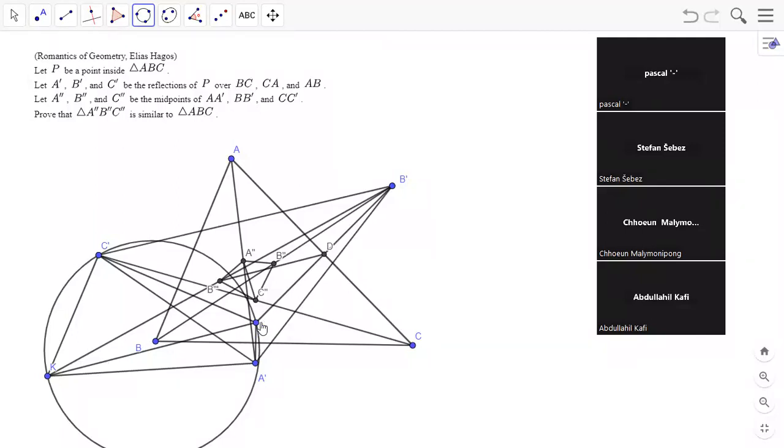So this is cyclic, and then we reflect P over this. So the reflection of P over B should also lie in this circle. That's not what I thought.